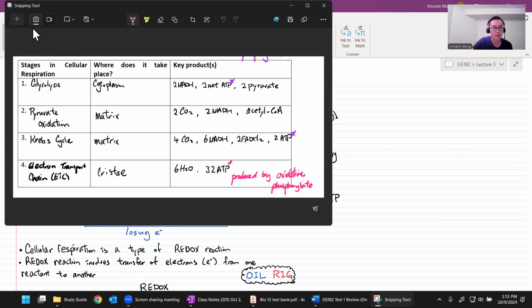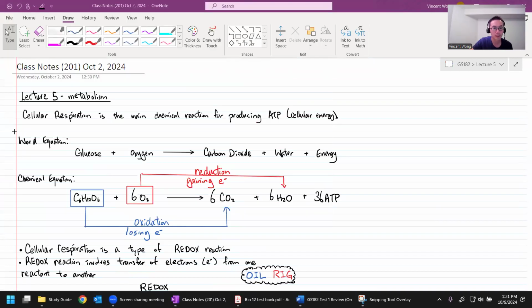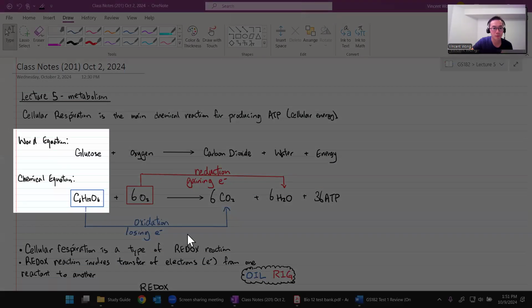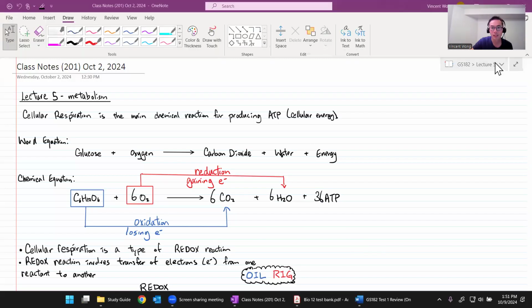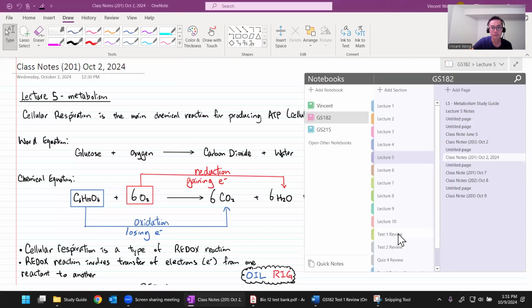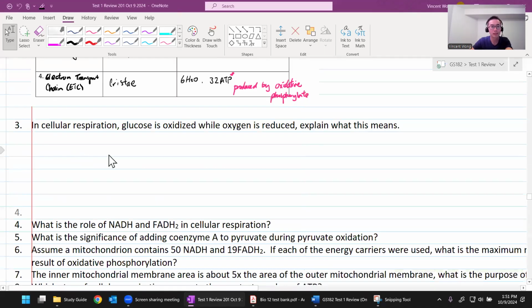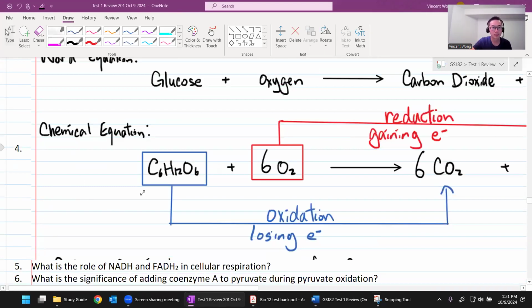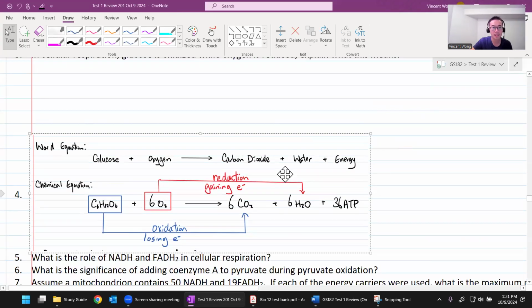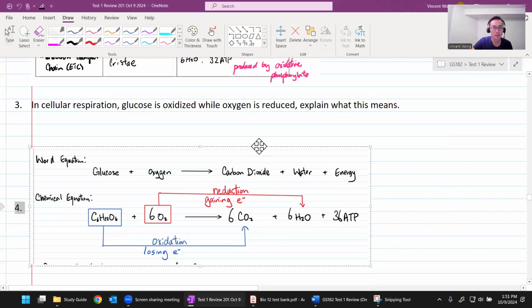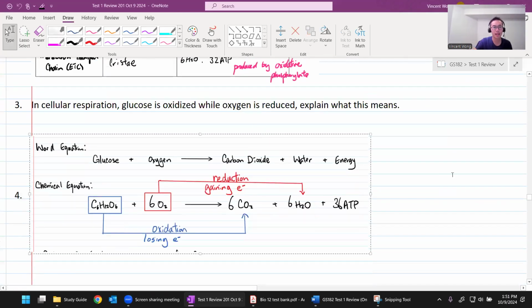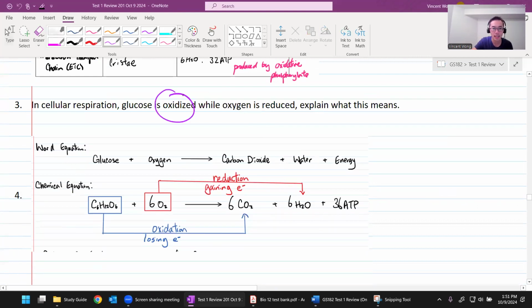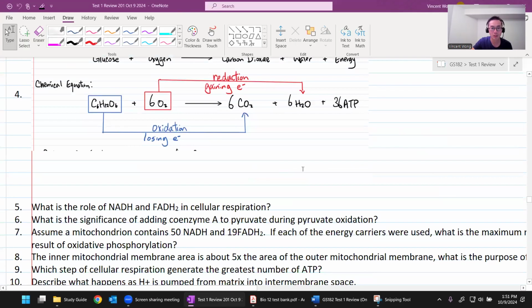It's talking about this equation here. Okay, so this is the overall equation for cellular respiration. And glucose is oxidized. It means we are taking electrons from glucose. And then ultimately they end up on the oxygen, right?